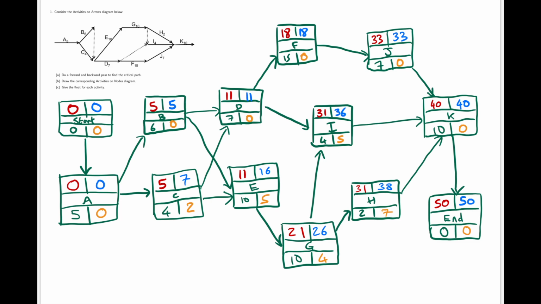A further thing we can do to check our work here is we can read off the critical path, and we should have exactly the same critical path as we had for our activities on arrows diagram. So recall the path for that was A, B, D, F, G, K. And for the activities on arrows diagram, the critical path would be all the activities with a float of 0.